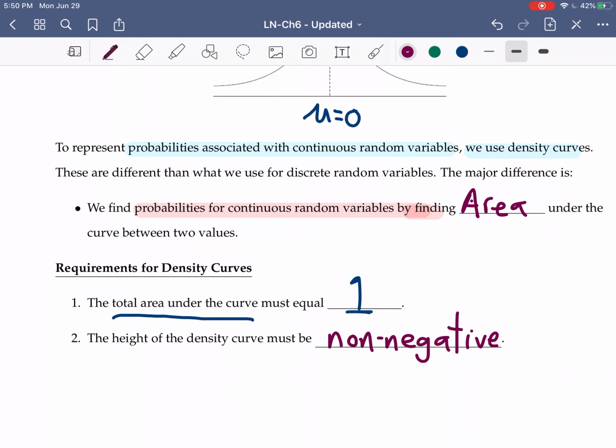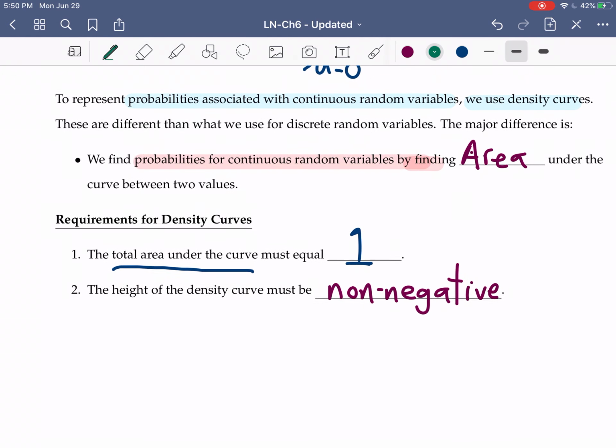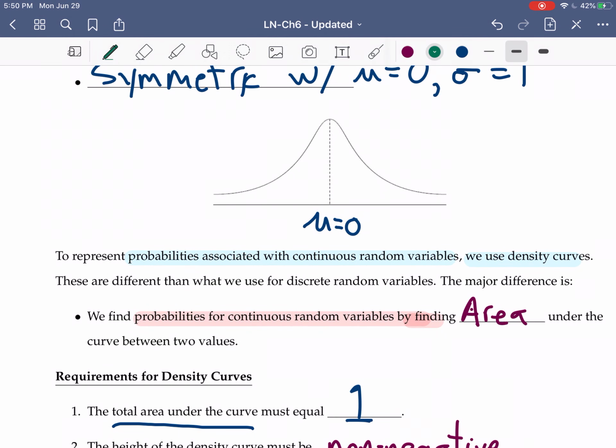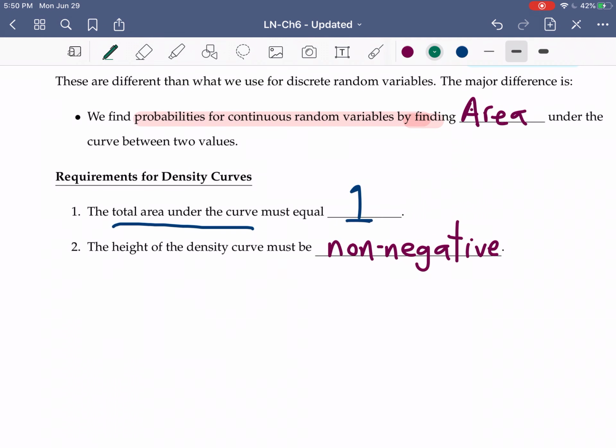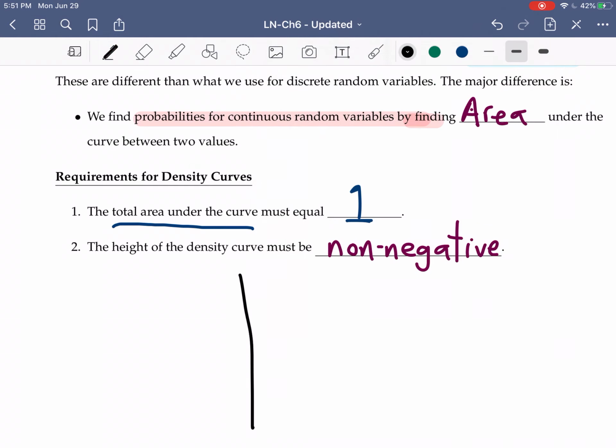So all that's telling us is that the height of the curve, we couldn't have a density curve that goes below the y-axis. Right? So I'm going to draw just some random axis here. You could possibly have a density curve that does this.